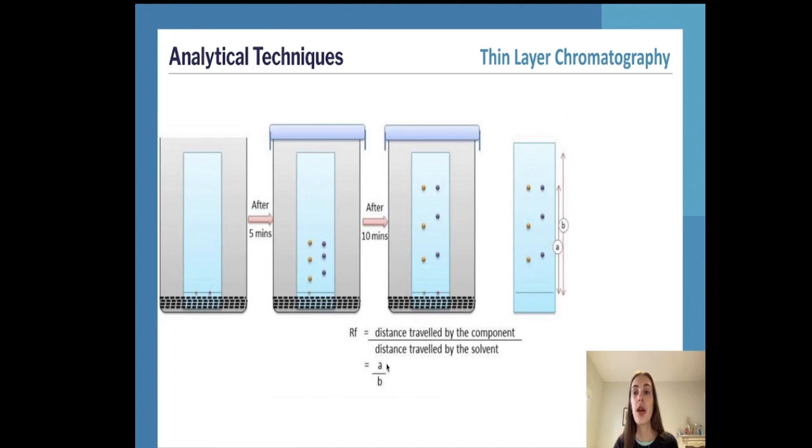Here we've got this calculation, which is called the retention factor, or Rf factor. This gives us a value which is a constant for any particular molecule. We divide the distance traveled by the component by the distance traveled by the mobile phase, or the solvent, and this will give us the retention factor.